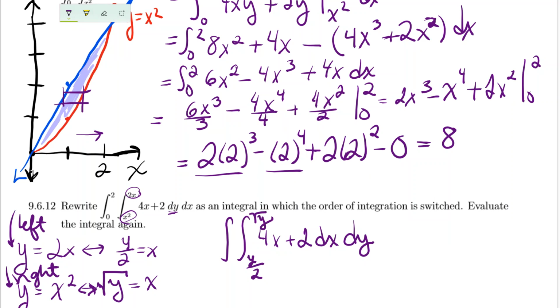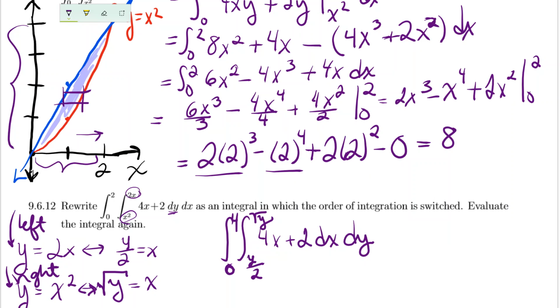Now, you also need to change your bounds in the y direction. The x was second and went from 0 to 2 here, and now I'm going in the y direction, so I'm going to go from 0 to 4. So you just kind of flip everything. Hopefully that makes sense to you.